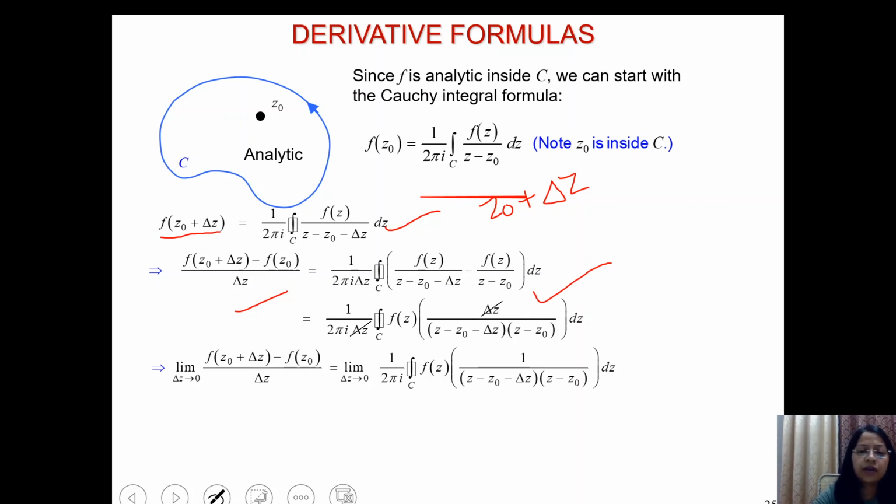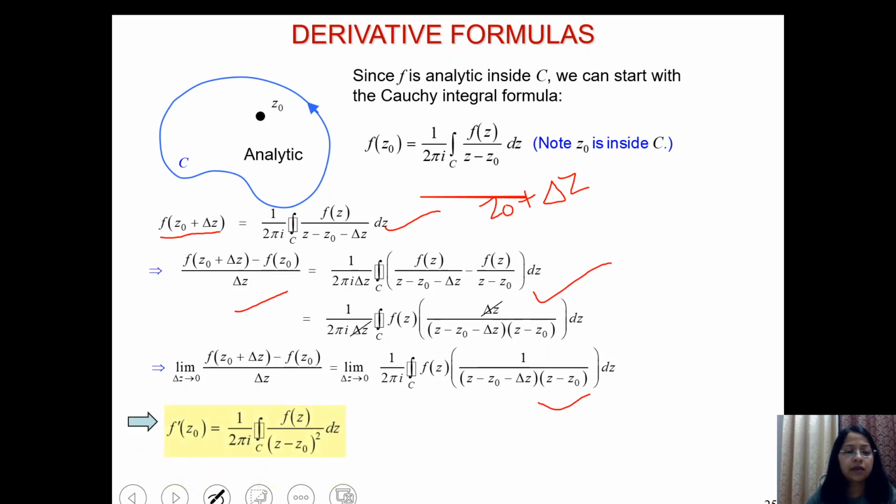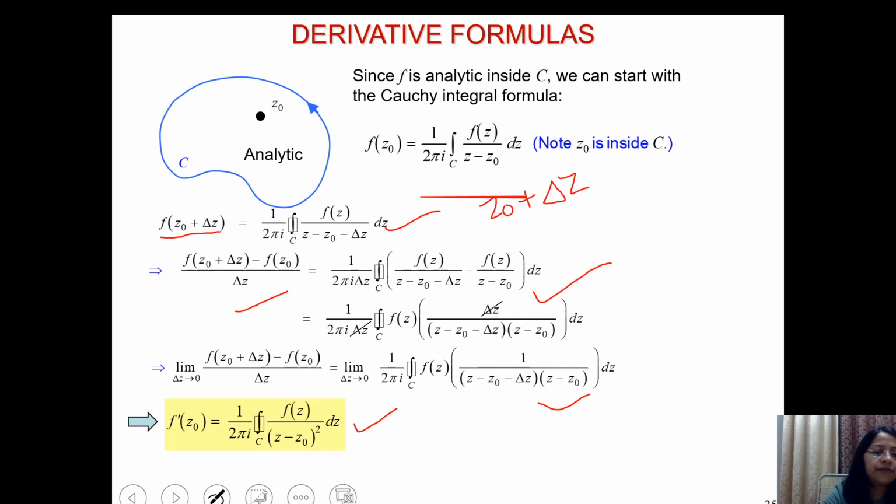Then we have the limiting case. If delta z tends to 0, we can notice that the derivative of f at z naught is 1 by 2 pi i closed integral over c f z over z minus z naught whole square dz. Right? So this is the Cauchy integral formula for the first derivative.